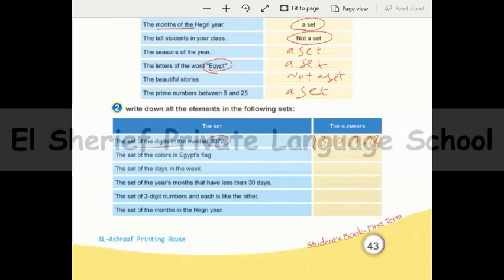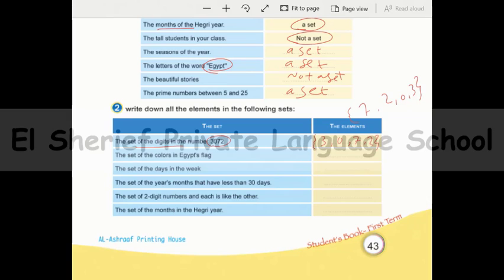We can also write the elements as 7, 2, 0, and 3. The order is different, so the order is not important. If we write a set, the order is not important.